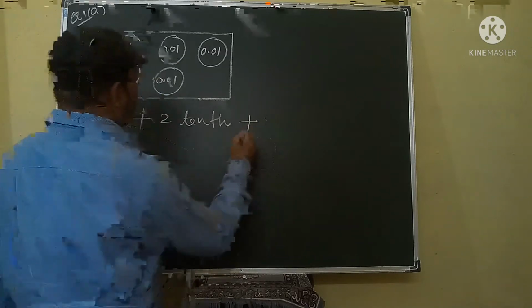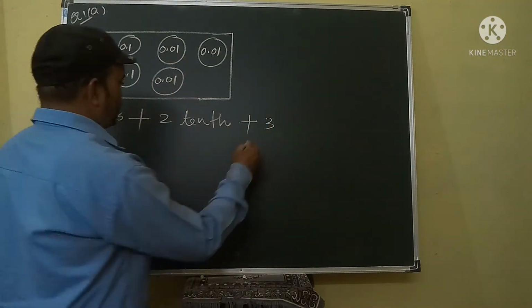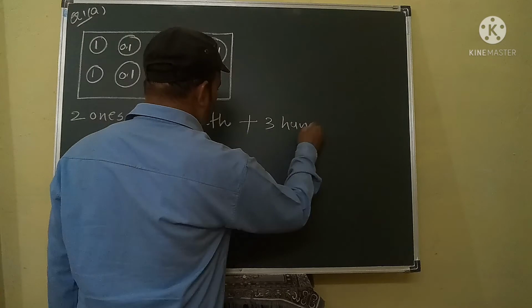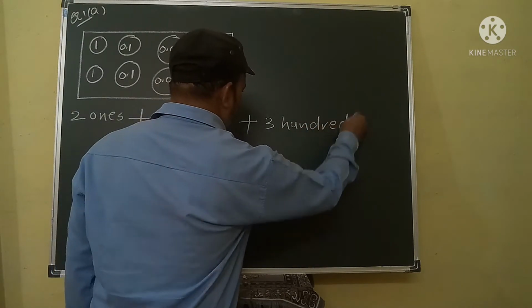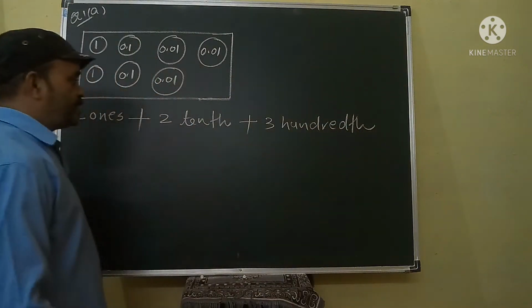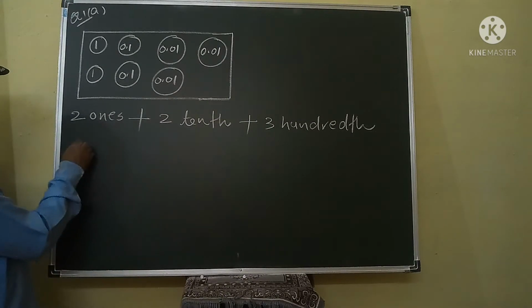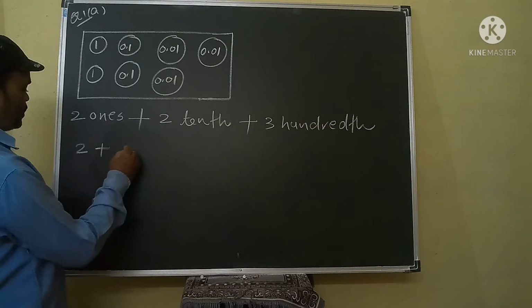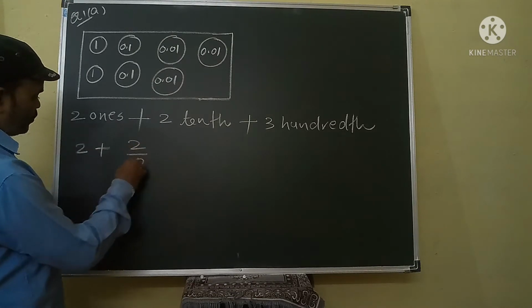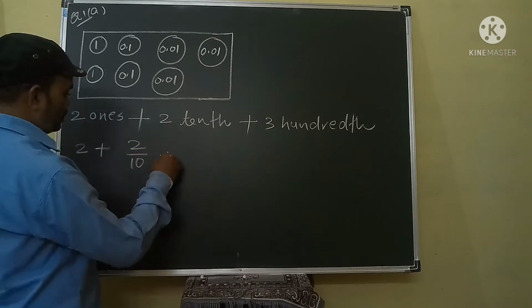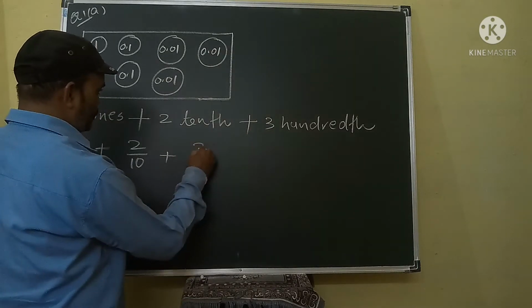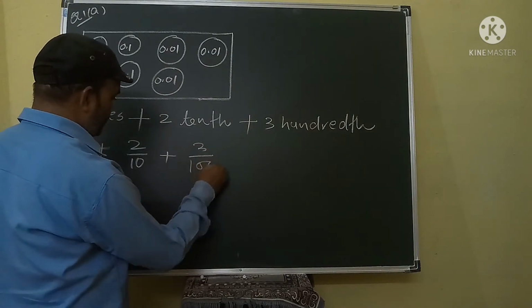That means this is 3 hundredths. So 2 ones means 2, 2 tenths means 2 upon 10, 3 hundredths means 3 upon 100.